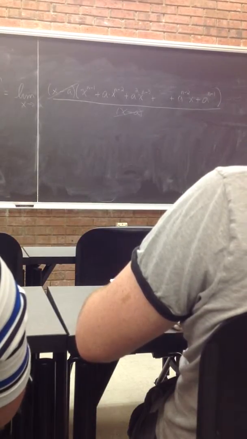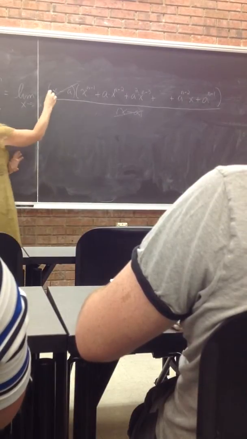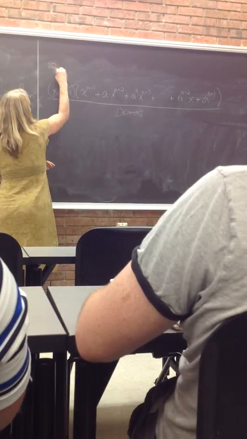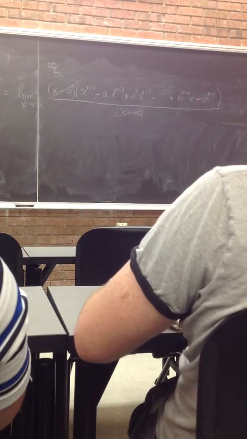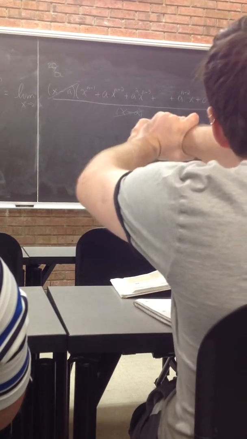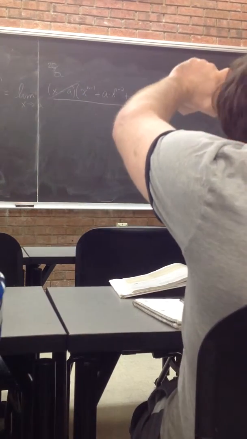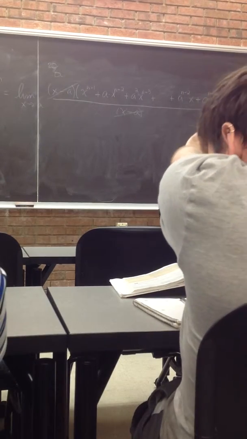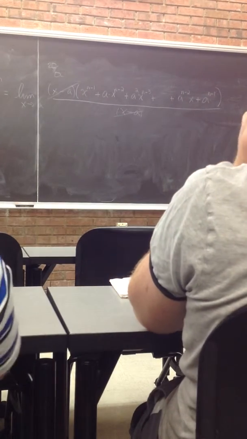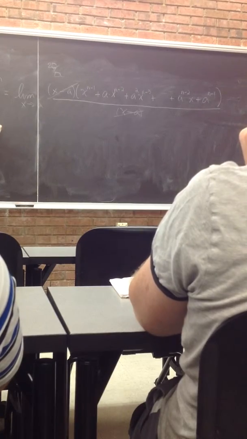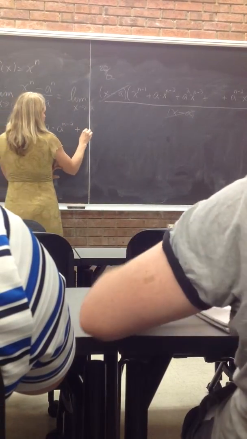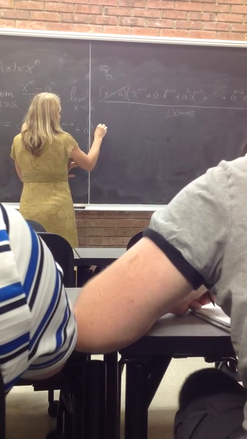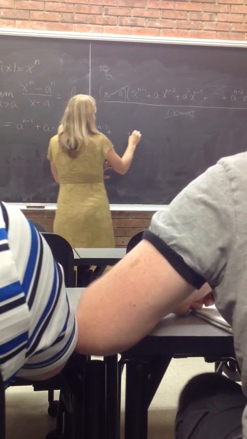And once I cancel that, I no longer am getting 0 over 0, and I can then just plug the a in to evaluate the limit. So I would get a to the n minus 1 plus a times a to the n minus 2 plus a squared times a to the n minus 3 and so on.